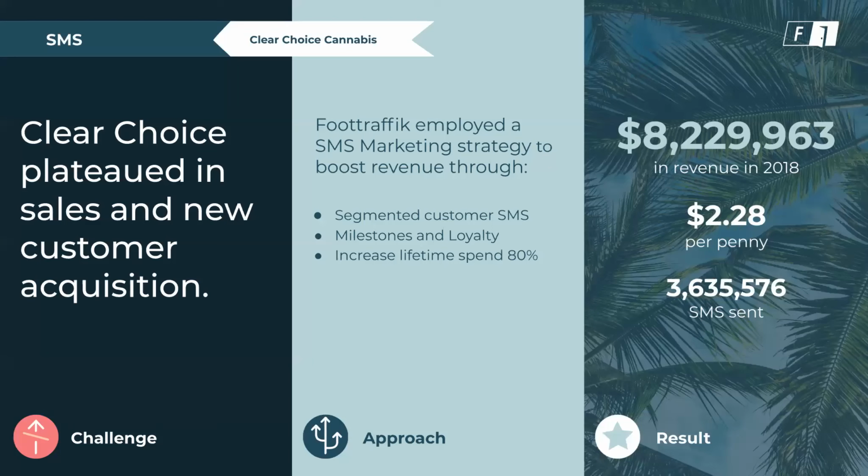We can engage and interact and nurture the relationships with your existing customers. So in 2018, we sent 3.6 million text messages out, and we generated $8.2 million in revenue in 1 year. And Clear Choice Tacoma, I believe, is the second highest volume store in the state of Washington.